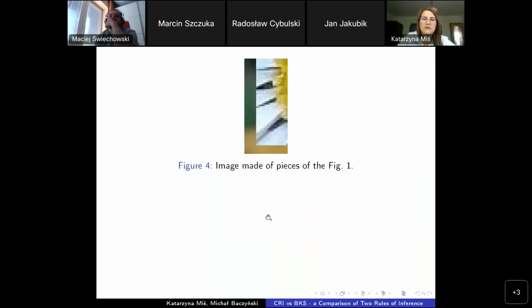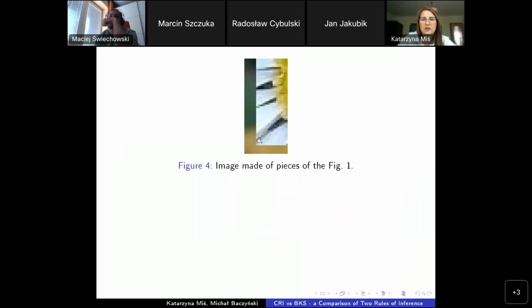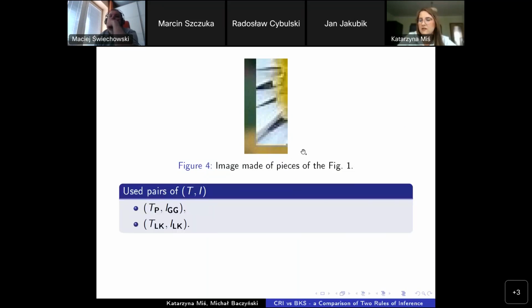But what we have also done, because these images are quite big, so it would be a large amount of pixels to present on charts, is that we just took a little bit. We made a new image which is made of pieces of the original image, and it has more than 1,400 pixels, and that was the amount of our inputs.